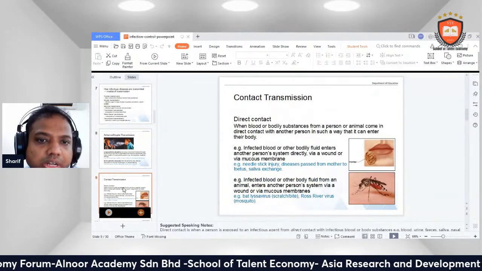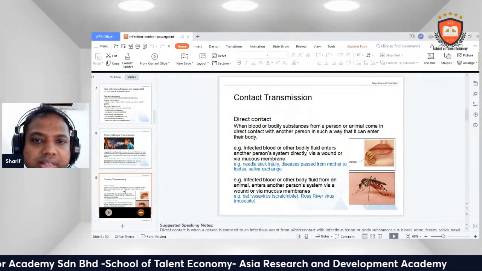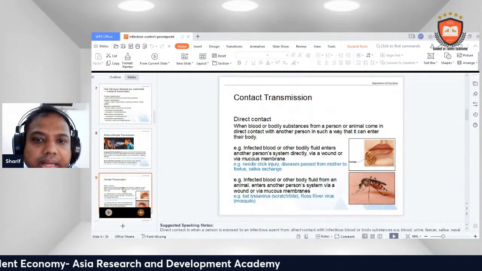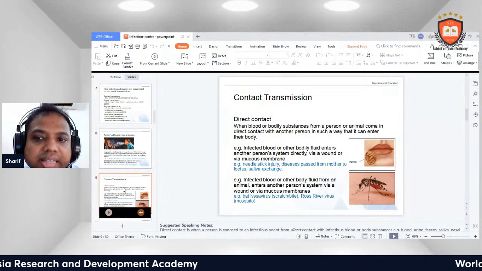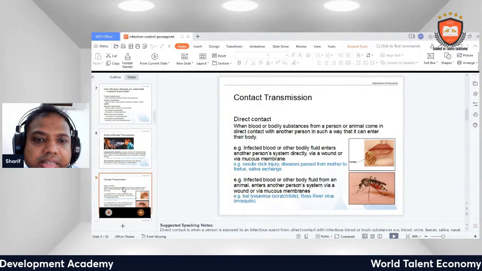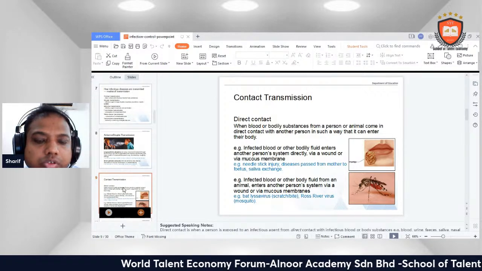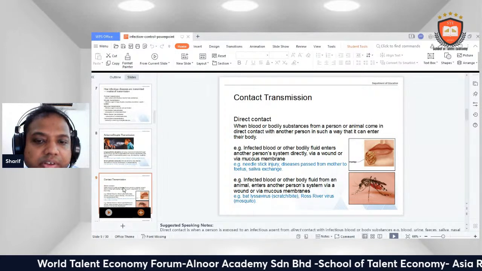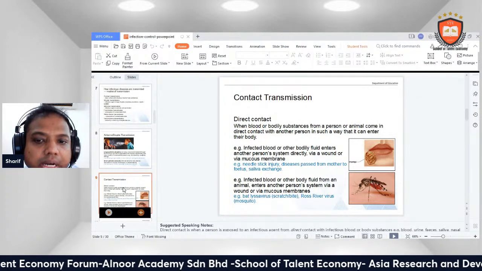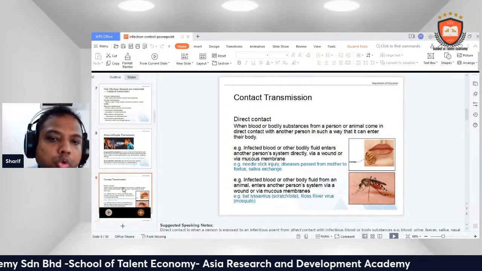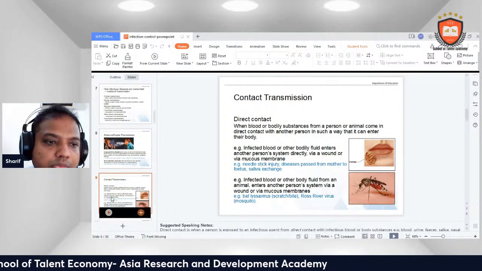Contact transmission, direct contact: when blood or bodily substances from a person or animal come in direct contact with another person in such a way that they can enter their body. Infected blood or other bodily fluid enters another person's system directly via wounds or via mucous membranes. Infected blood or other body fluid from an animal enters another person's system via wounds or via mucous membranes.